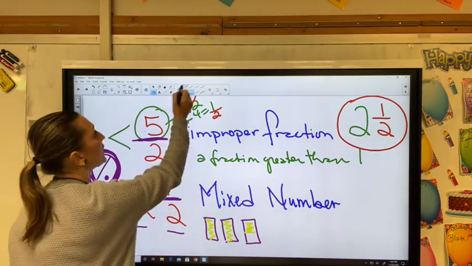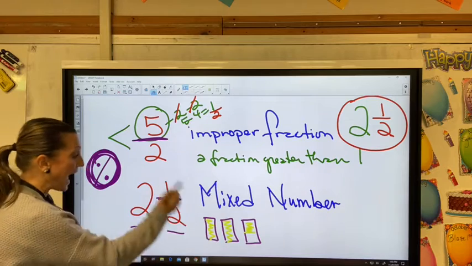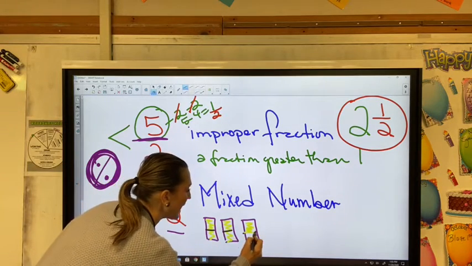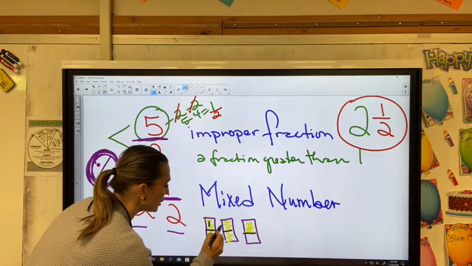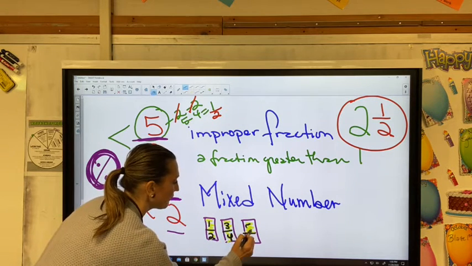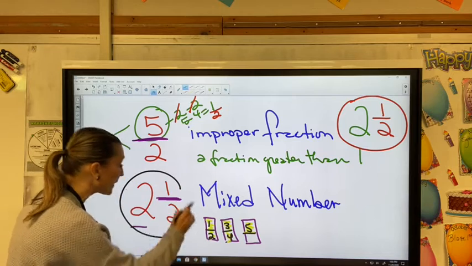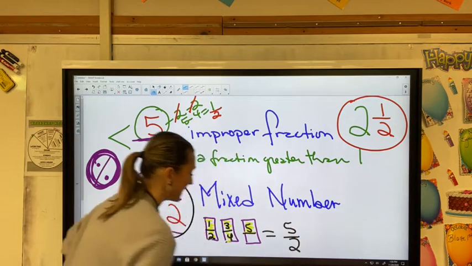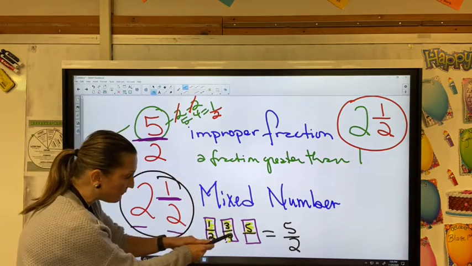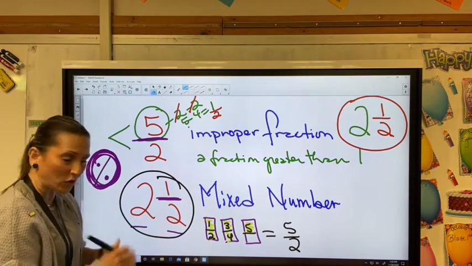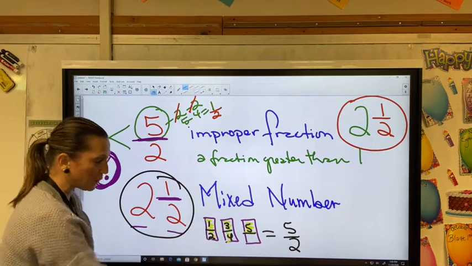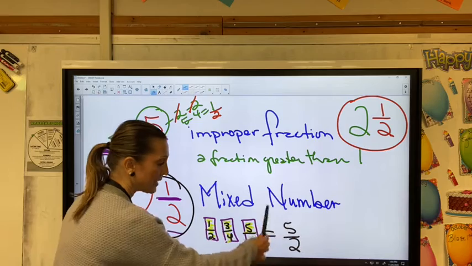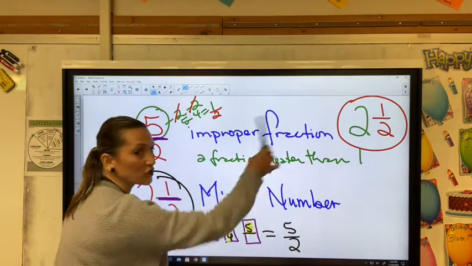Well, all you're simply going to do then, 6th graders, is ask yourself, how many halves do you have? Well, if you break these all up, you've got 1, 2, 3, 4, 5. So right here, this 2 1/2 is equivalent to 5 halves. And that means you have 1, 2, 3, 4, 5 halves of your wholes. And you still have, no matter what, 6th graders, 1, 2 wholes and half of the next one. 5 over 2 is the same as 2 1/2.